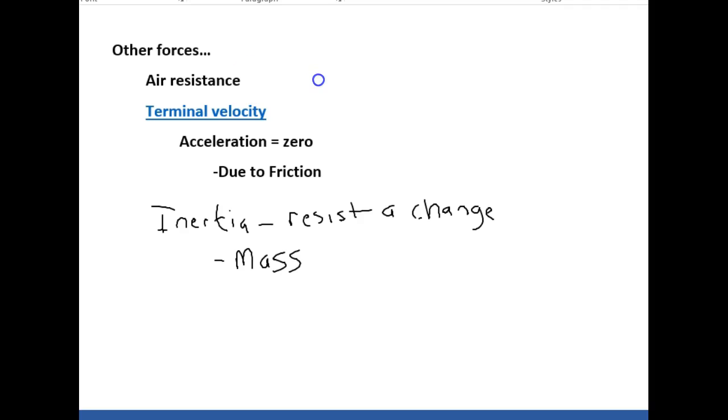But air resistance as well. So we know if we took a ball like this, and we took a piece of paper, and we dropped it flat, so it was horizontal, the ball would fall much faster. You'd say, well, free fall doesn't work. But it actually does because air resistance can play a factor in it.